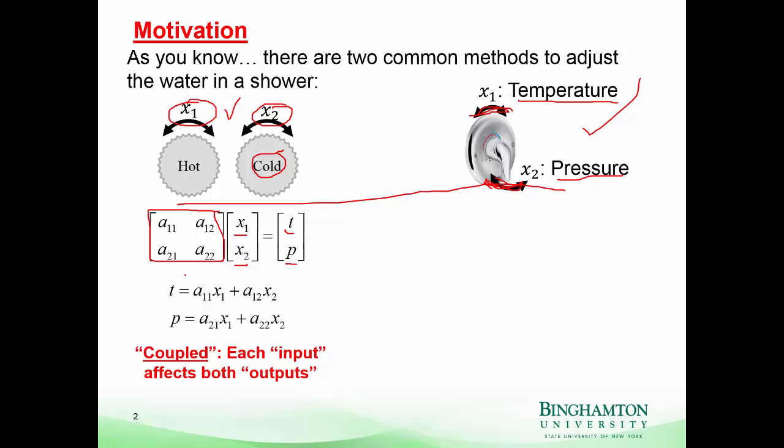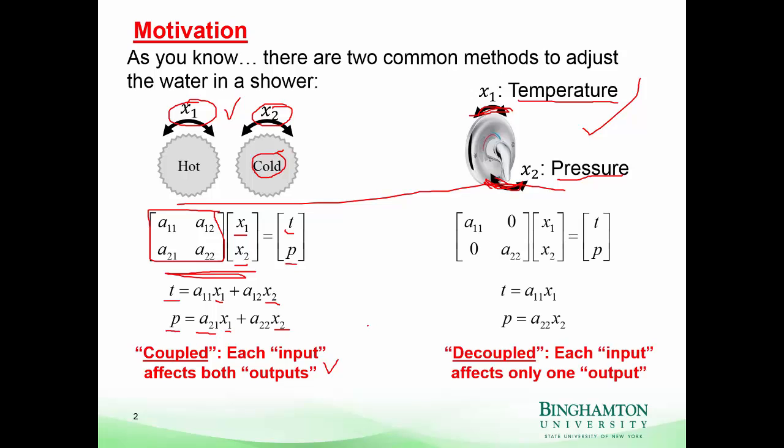And if we write out the equations for this, we can see that temperature depends both on X1 and X2, assuming that A11 and A12 are both non-zero. And the pressure will also be some factor of X1 and some factor of X2. So our system is coupled. Each input affects both outputs.